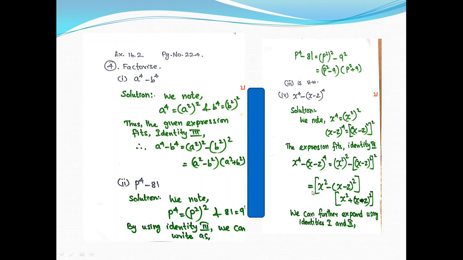So we rewrite this expression, using the identity number 3, as x square minus x minus z to the whole square multiplied by, open the square bracket, x square plus x minus z to the whole square, close the bracket. We can further expand using identity 1 and 2. So they are in the form of identity 1 and 2. So we can further expand. Let us move to the next slide.